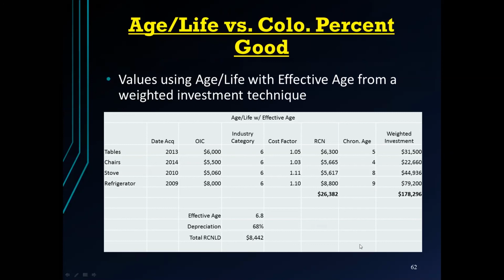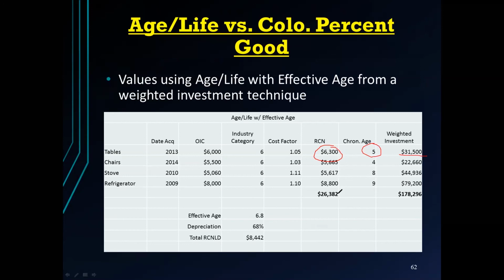You calculate the chronological age, how old the property is, but then you calculate a weighted investment. So basically you're weighting this. And so what you do is you take your RCN times your chronological age, and that gives you a weighted investment.